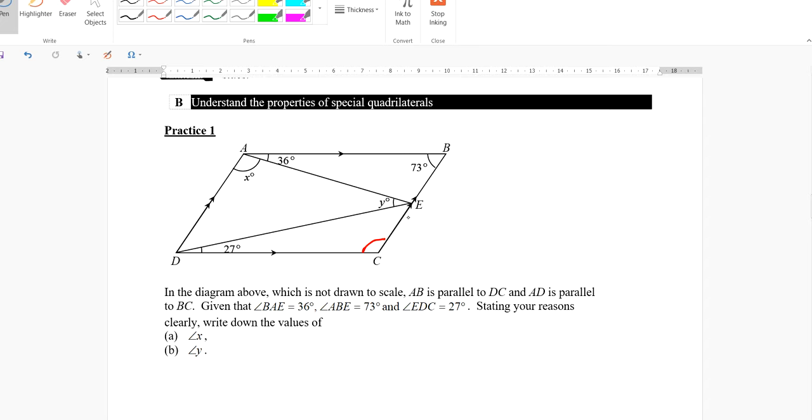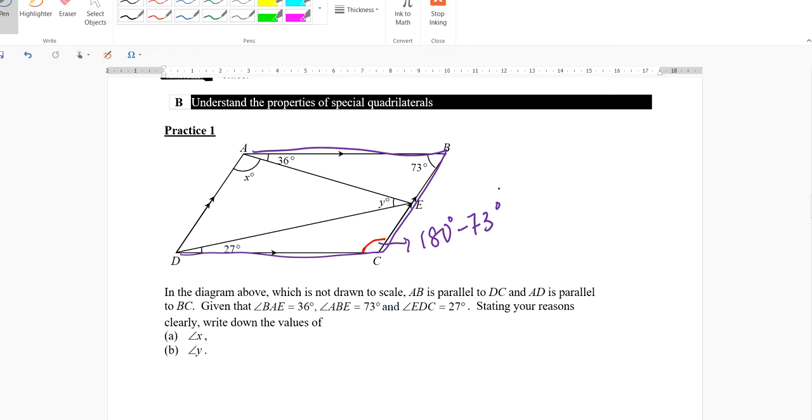Look for the letter U. Do you see there's a letter U here? Le Tao, can you see there's a letter U? Yeah, so this angle will be 180 minus 73. Okay, whatever you know, you fill out.